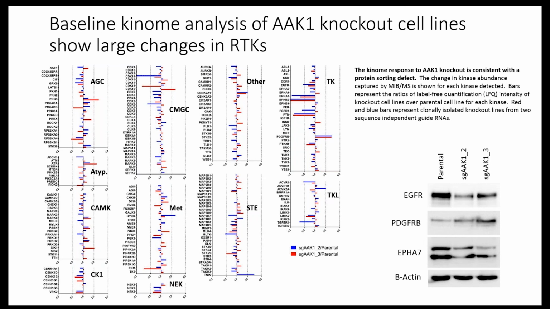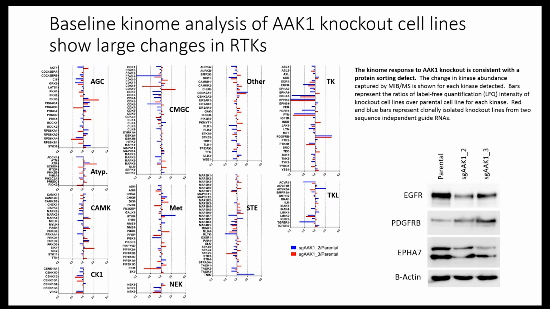Anything with a value less than 1 means there's less binding to the inhibitor beads with the knockout of AAK1 in this case, and an increase, for example, like you see with PDGFR beta with the tyrosine kinases, shows that you have an increase in binding. And what you can see is this loss of binding, for example, with EGFR and some of the ephrins, and an increase in PDGFR beta.